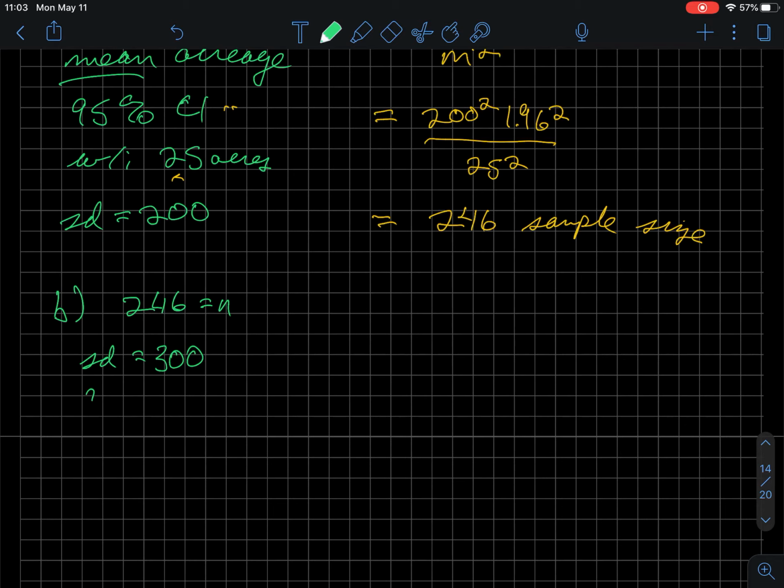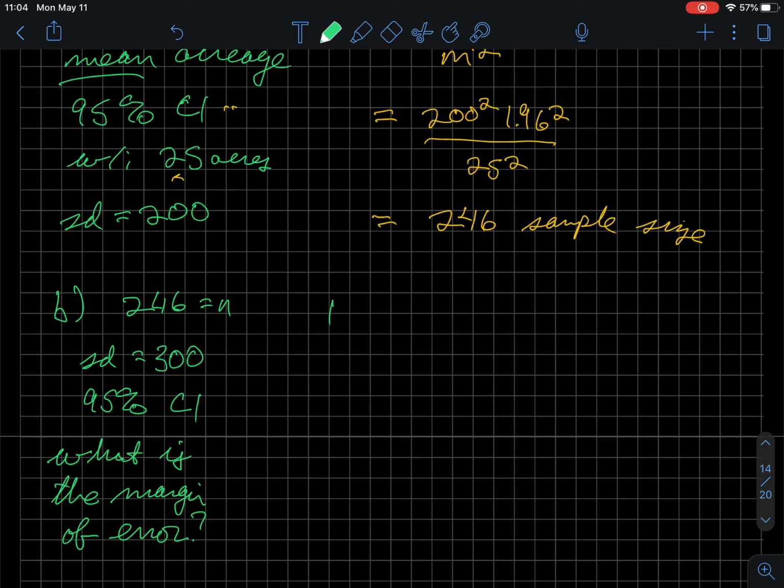We still have a 95% confidence interval, but it's asking us what is the margin of error? So it's a different question. We don't really have a formula for that because it's not something we normally do, but we can still solve this algebraically.